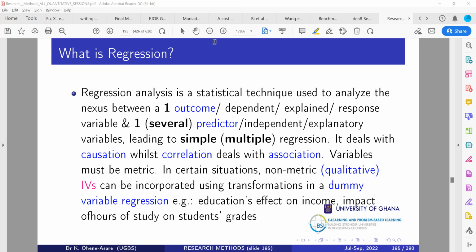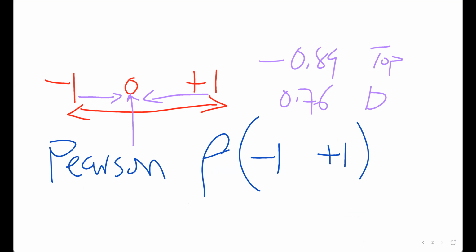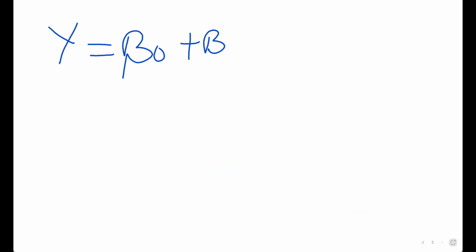So follow me here. The first variable is the y variable, and this y variable depends on certain things, starting with beta naught, and then beta 1 x. Then there's something called epsilon or mu.